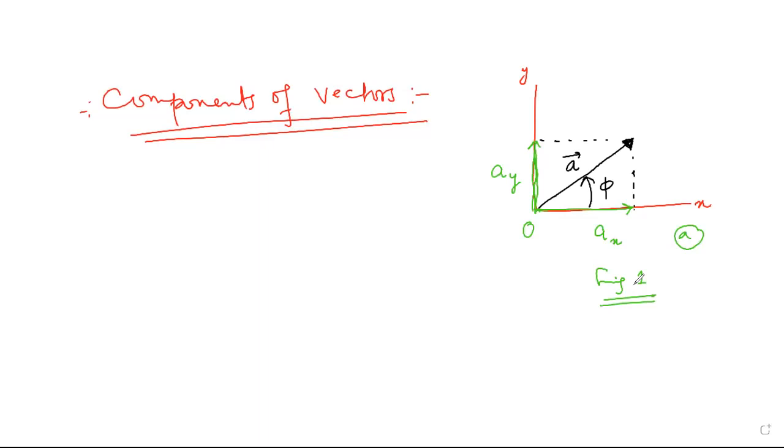we have a vector A whose tail has been placed at the origin of a rectangular coordinate system.